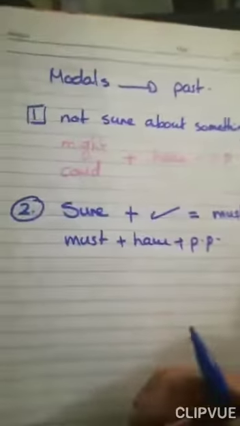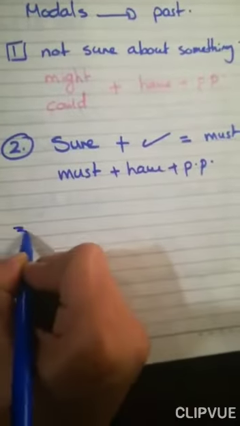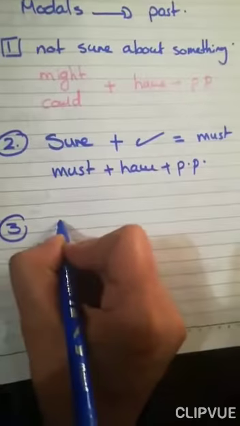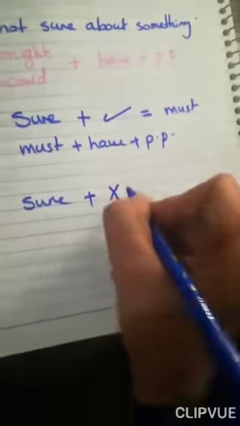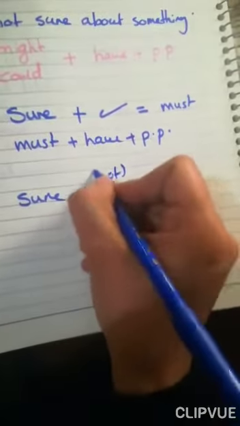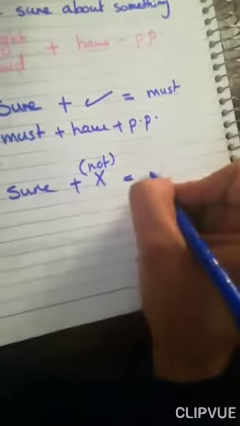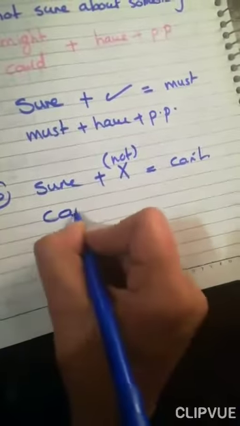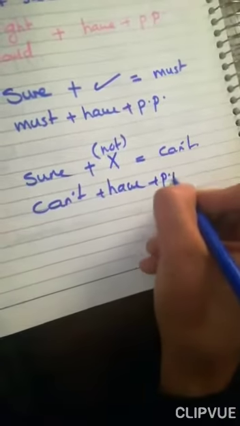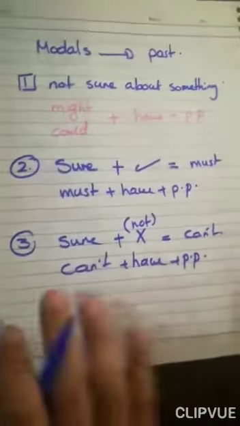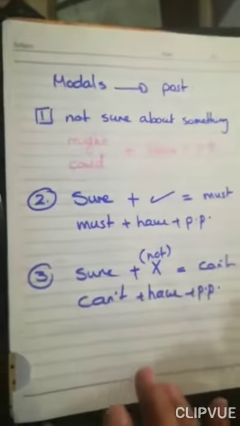The third group is when you are sure about something that didn't happen. Here I have a negative, so you're going to say can't plus have plus past participle. This is what you need to know.